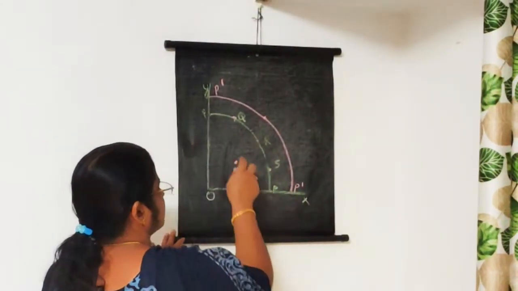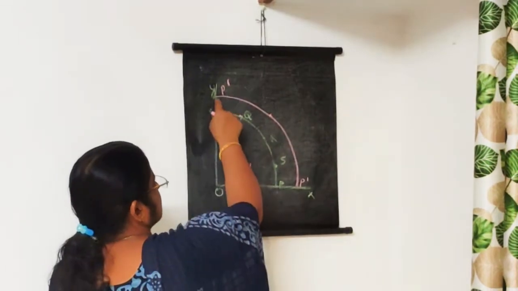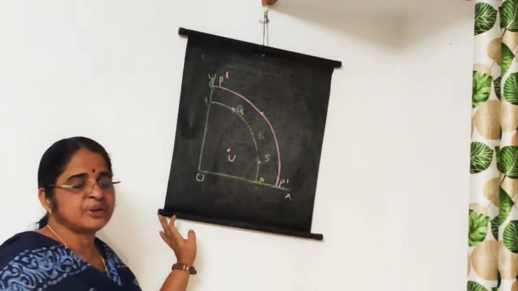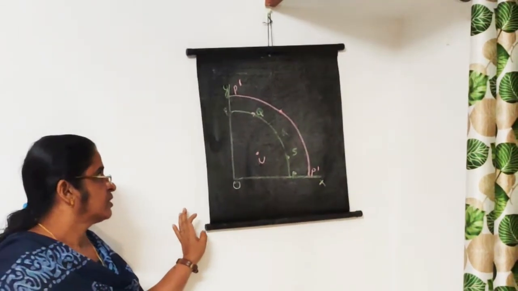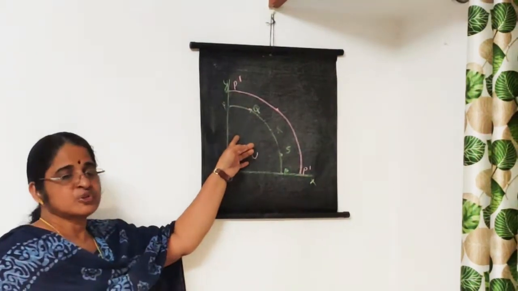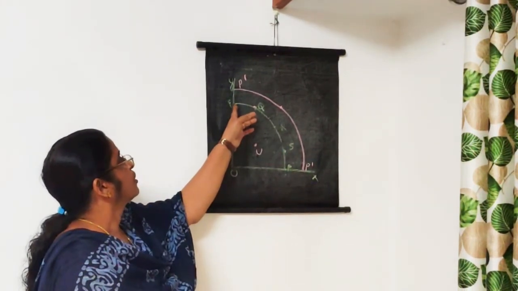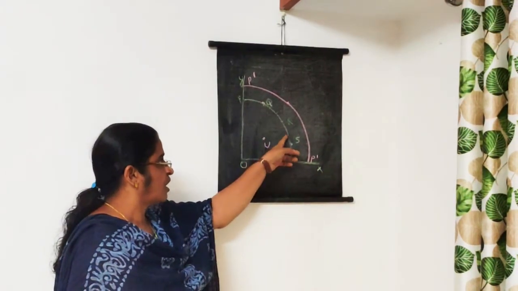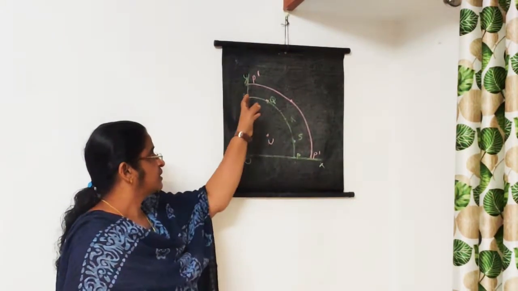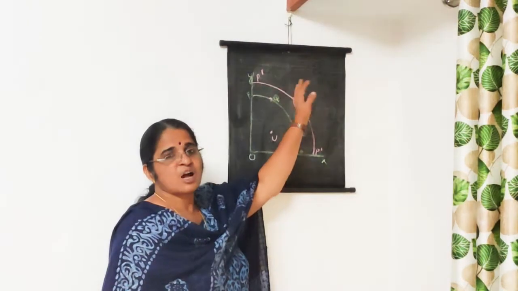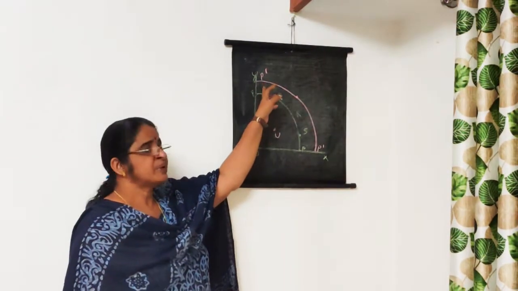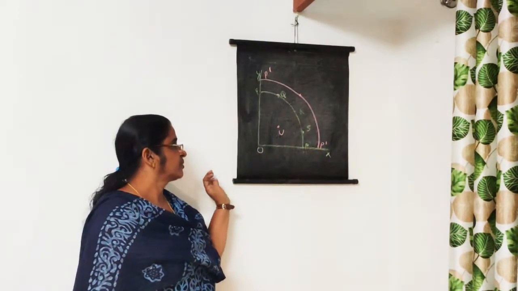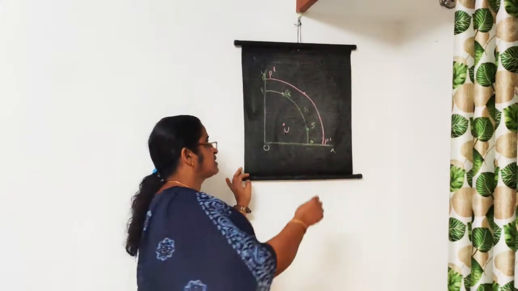The first curve is PP and the second curve is P1P1. The points or possibilities on the first curve PP are P, Q, R, S, and the curve shifts upward to P1P1.